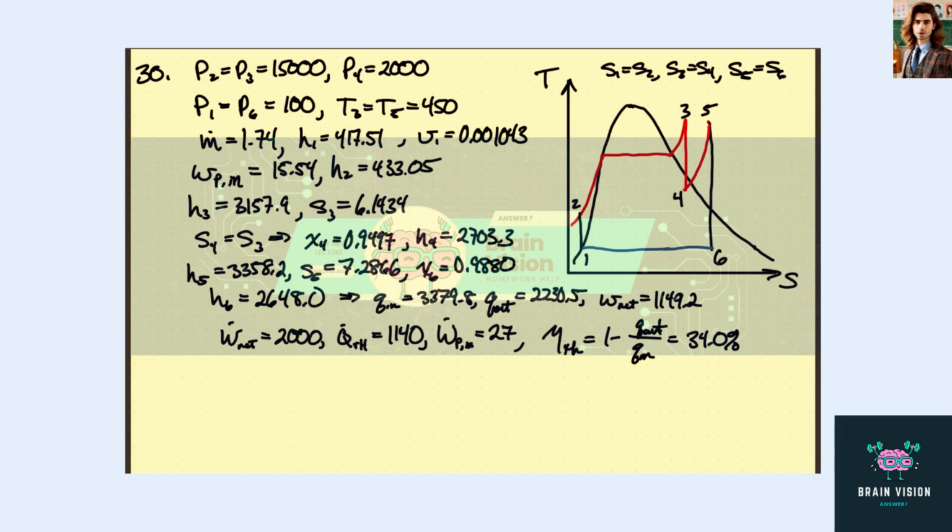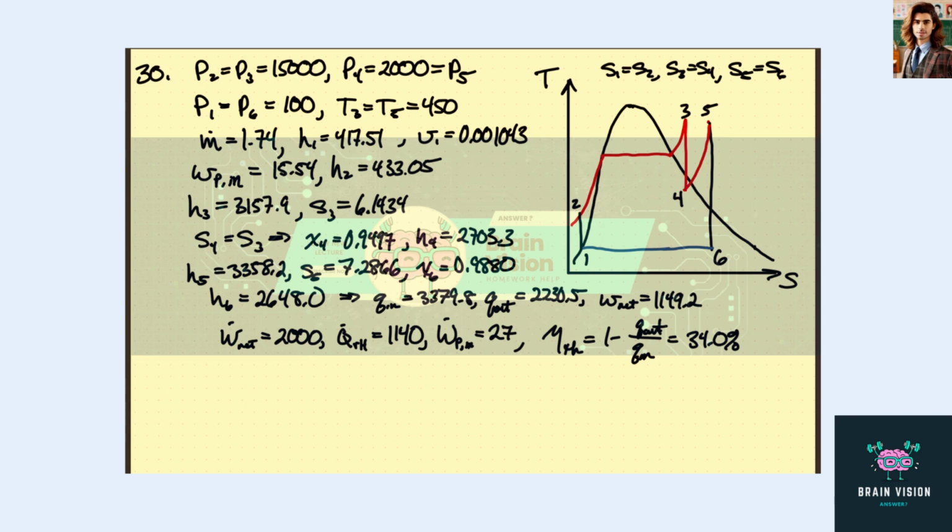We know the pressure, because this is a constant pressure line. So the pressure here is also P5. Forgot to write that. So we know the temperature and pressure there, so we can get the enthalpy at 5.